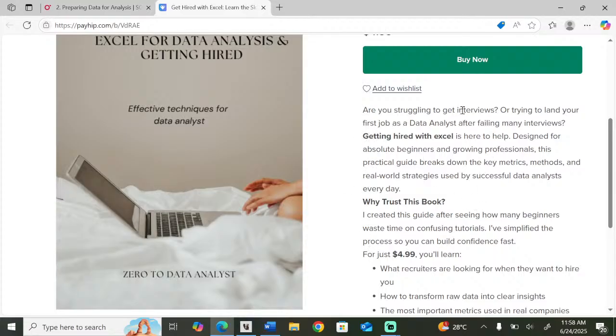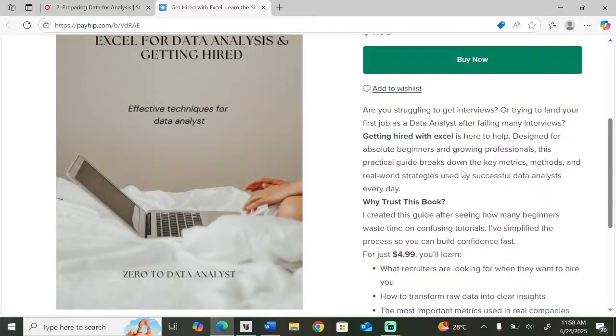So if you are struggling to get interviews, maybe you have acquired a certain skill and you are struggling to get an interview, this book will help you get an interview. It will give you what you need to do to get an interview, or if you are trying to land your first job.